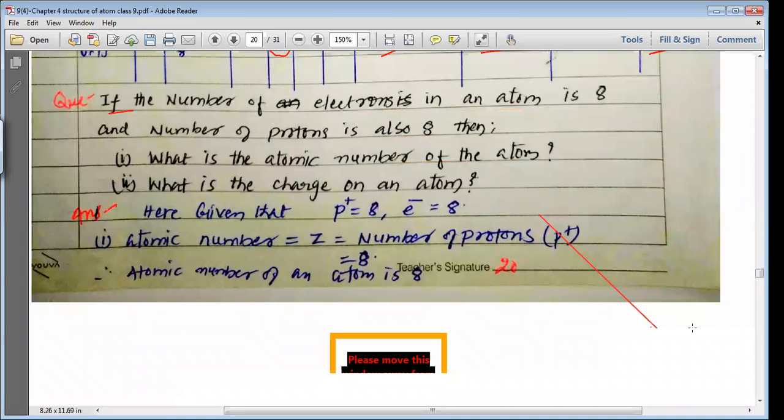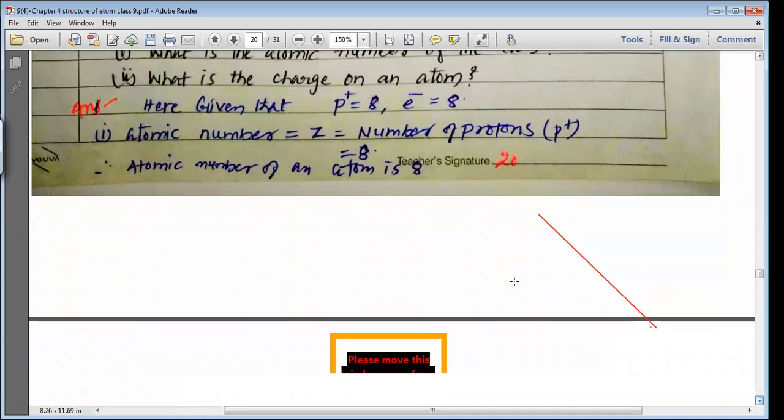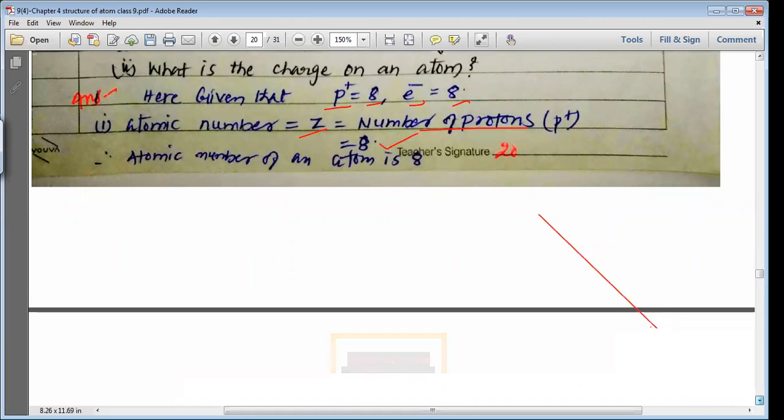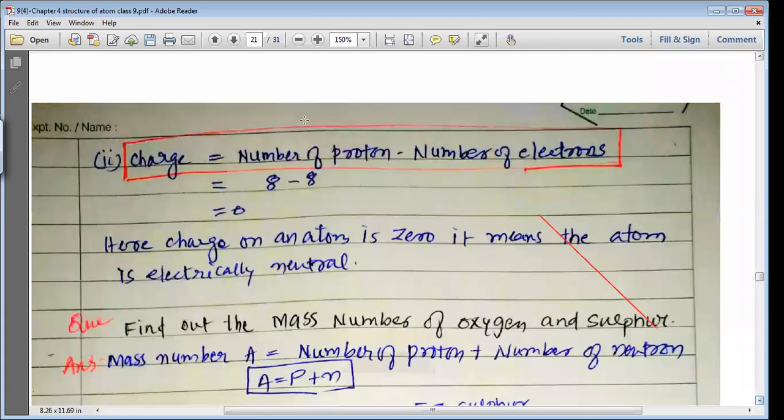Now let us see what is written in the answer. Here it is given that number of protons is equal to 8 and number of electrons is equal to 8. Atomic number Z is equal to number of protons, and that is 8. Now let's think about charge. How can we calculate the charge? The charge is equal to number of protons minus number of electrons.